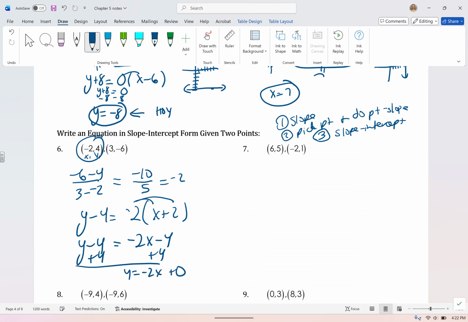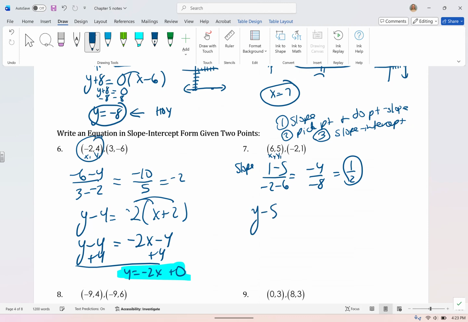And I don't know why our examples tend to have 0 here. That's not super normal, just to be frank. Normally you'll have a value there. So let's find the slope. Okay, negative over negative is positive, so remember that. And then we pick a point. I'm going to pick the first one.